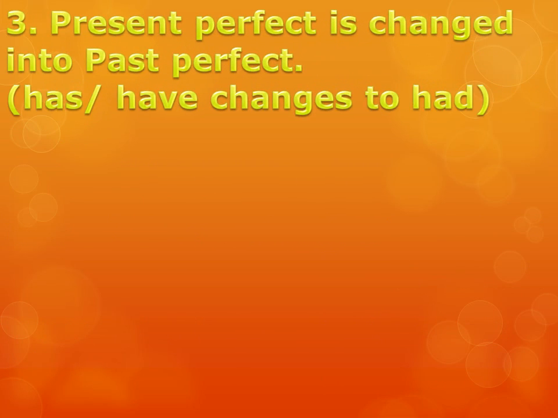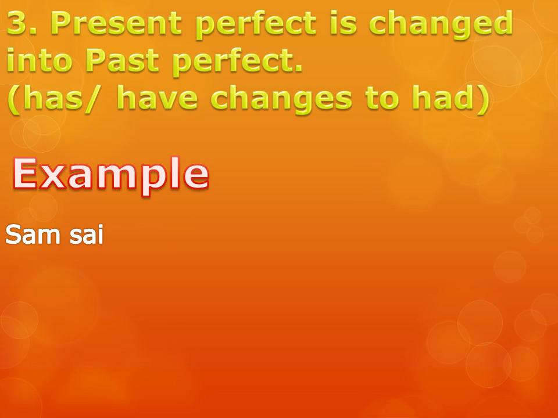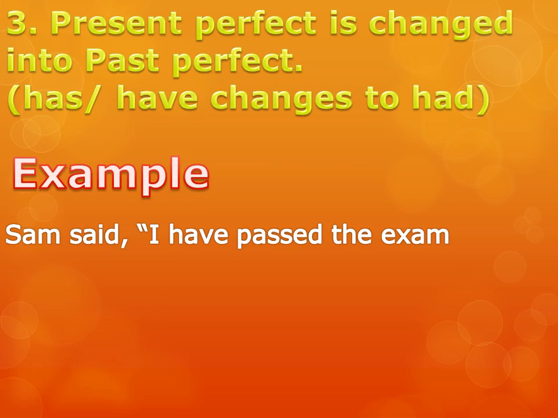Rule number 3, present perfect is changed into past perfect. That means has or have changes to had. Now let's take an example to understand this. Sam said, I have passed the examination. Now, it is in direct speech.